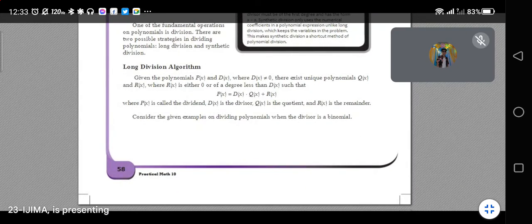Okay, stop there. Now you know, no, what are the meaning of those acronyms there, P(x), D(x), Q(x), and R(x), no? Intindihan? Okay, so D(x), if it's a long division, it refers to the divisor, no? Then, bakit sa times Q? Of course, no? Your divisor times your quotient is your dividend, no?